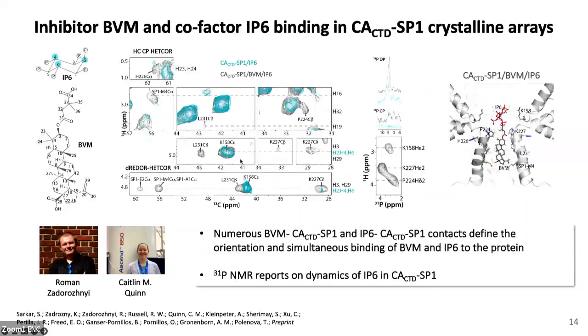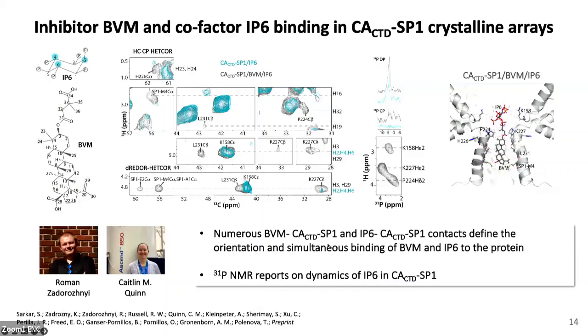So what happens when we also have BVM? In addition to the IP6 and protein correlation, we were also able to assign numerous BVM and protein correlations, which first of all determine the orientation of BVM inside the six-helix bundle. And also it determines the simultaneous binding of both the cofactor IP6 and this inhibitor BVM inside the six-helix bundle.